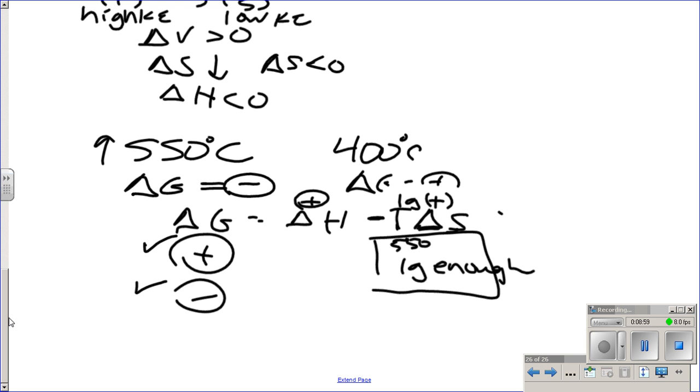So it has nothing to do with whether S is negative or positive, it's just whether it's large or small. It does matter if it's positive or negative, because if this was a large negative value, it'd be adding, and it would be positive still. Yeah, I see your point there.